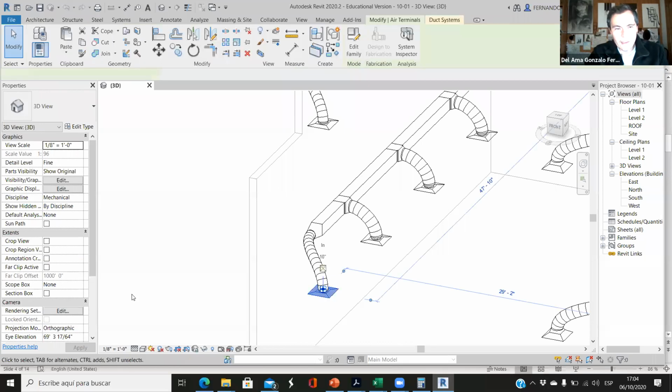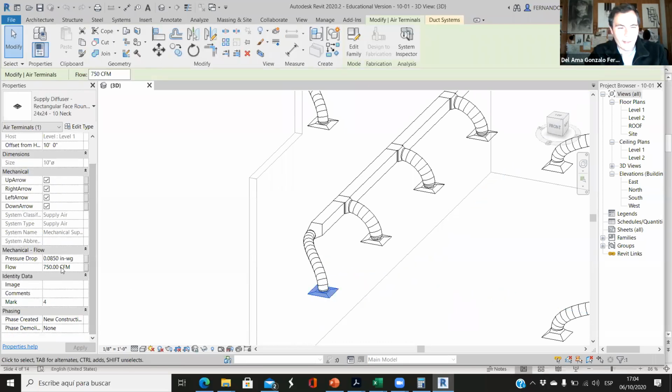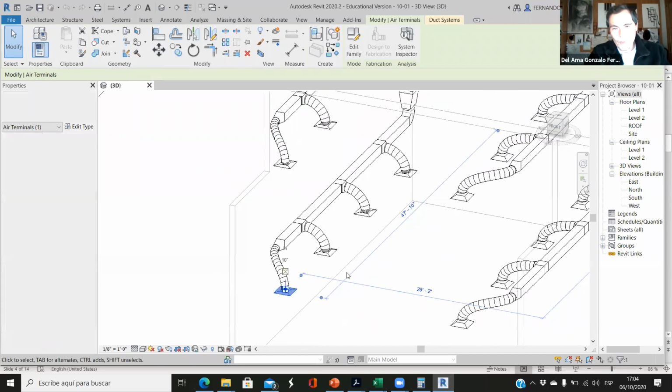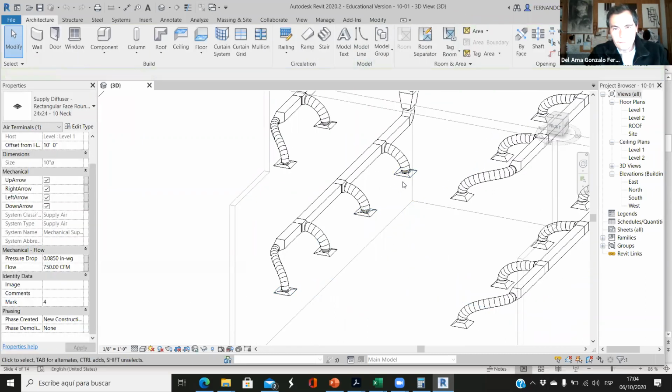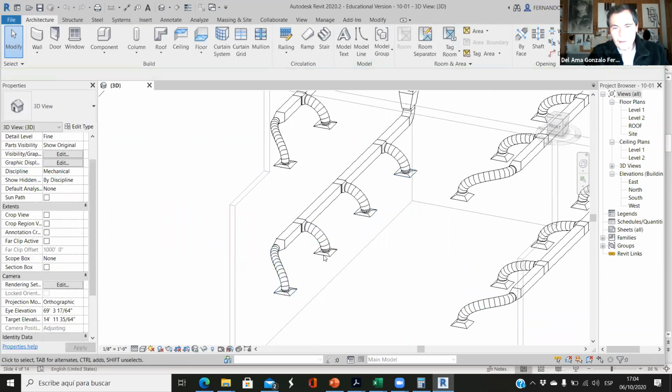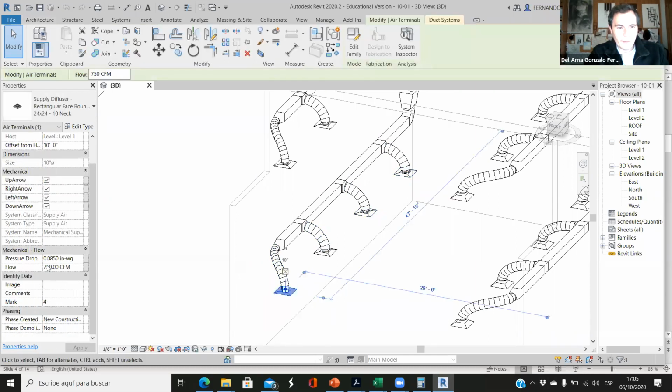We decided this because we did this exercise last week, and we ended up realizing that the total CFM of this floor was 3000. So if we divide 3000 by 4, each diffuser is 750.